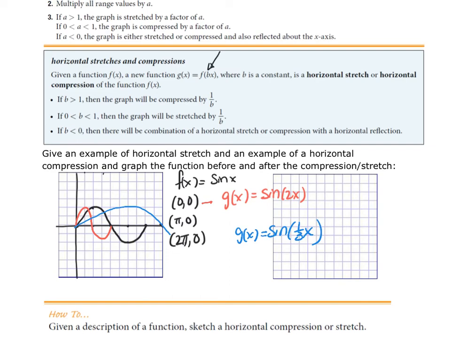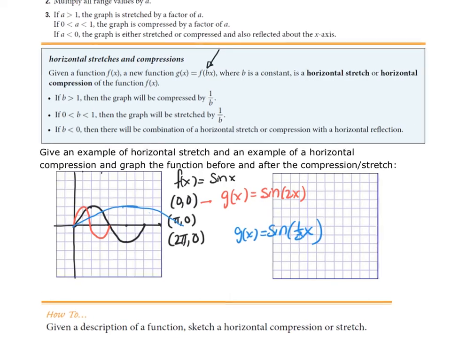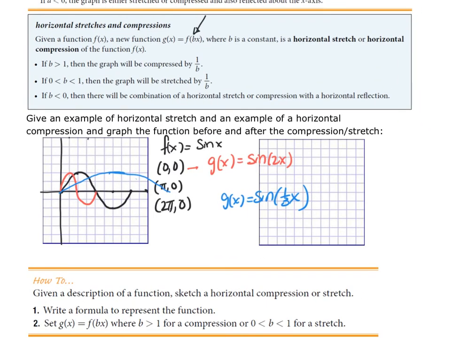It's a little bit further over before it comes out. It's going to look something like that because it's going to take those x values and multiply them by the reciprocal. The reciprocal of 1/3 is 3. So if it's inside the function, it's going to do the exact opposite of what you want in the horizontal direction. So I'm just going to do a wrap up here because I know that we're almost out of time.